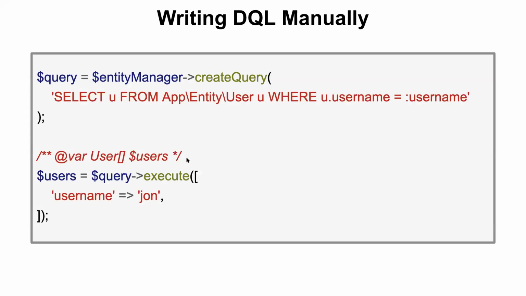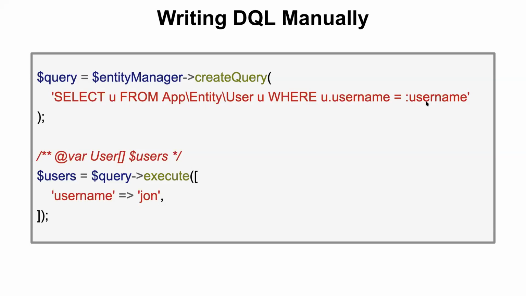If you don't want to use the query builder, you have the option to just write the DQL yourself. So it feels very similar to just writing SQL, except you're thinking in terms of classes and objects and properties on those objects, and not tables and columns on those tables. This is a query that says, give me all of the users where the username property equals the username parameter placeholder, just like we did before.